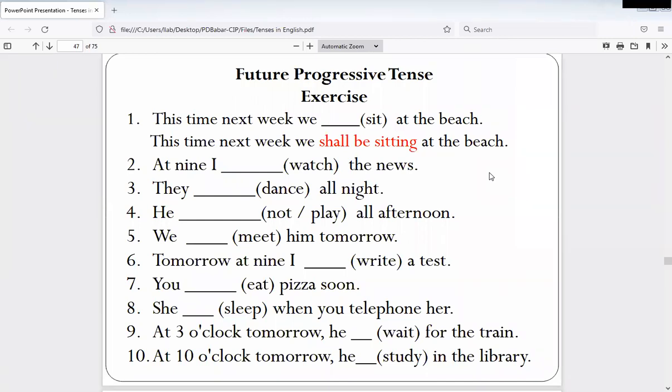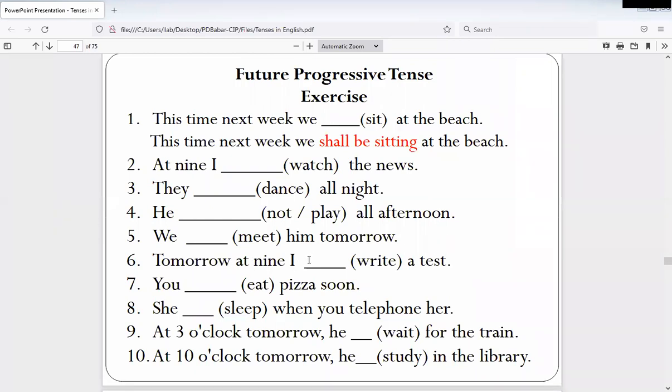Then sixth one is, tomorrow at 9 I, in bracket, write a test. Here what will be the sentence structure? Tomorrow at 9 I... Reply me.